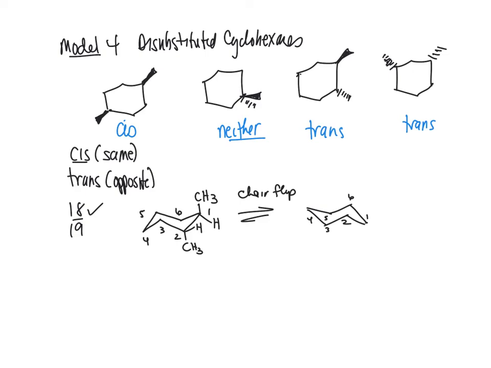All right, and it says for 19A, the two methyl groups are, okay, so this methyl group and this methyl group. What are they? I like to label things. So you have axial up, and this is axial down. Up and down makes them trans.